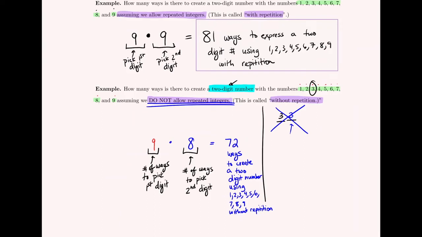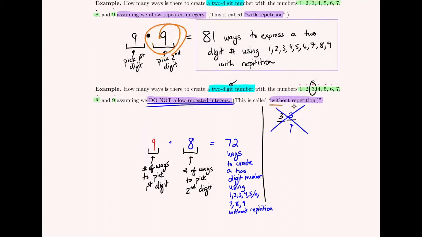Contrast this with our previous example. You notice the previous example had the exact same setup, except for one difference. The first example allowed repetition, and the second example said no repetition. The way those differences are expressed in the way we solve the problem is that when we're allowed repetition, I still have all the original options available in the second step because I'm allowed to repeat.